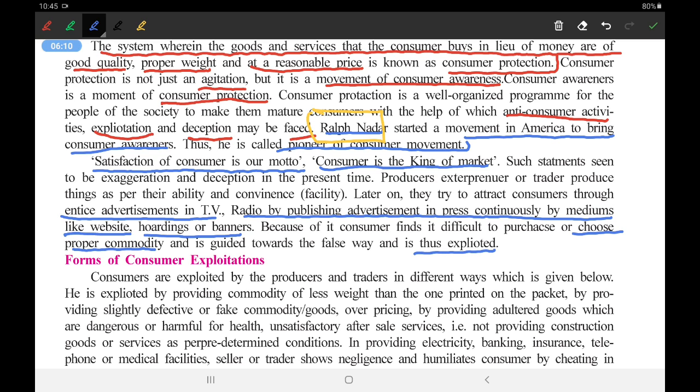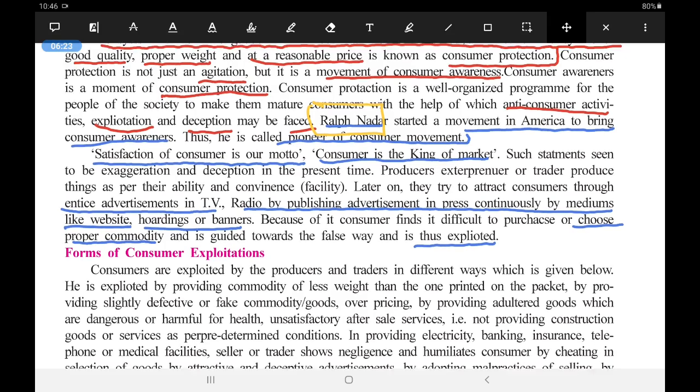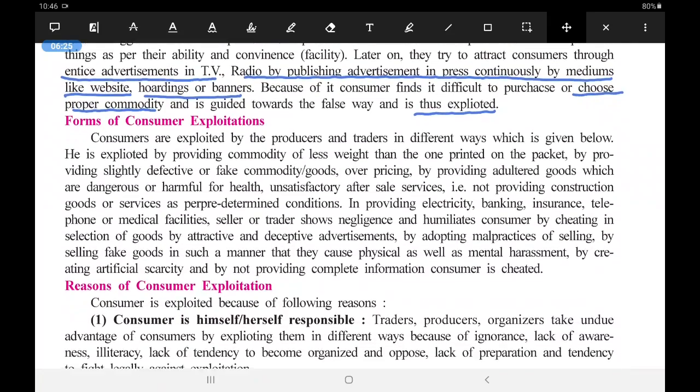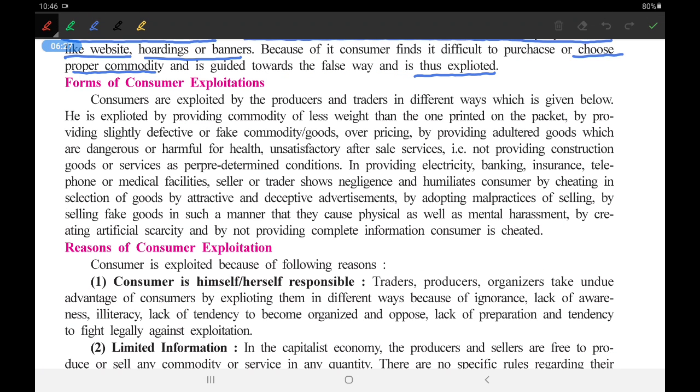Many times you are attracted towards the beautiful advertisements that are created by the producers, and when you buy that thing you are cheated in a way, okay? So consumer awareness is a very important thing that is needed for the society.